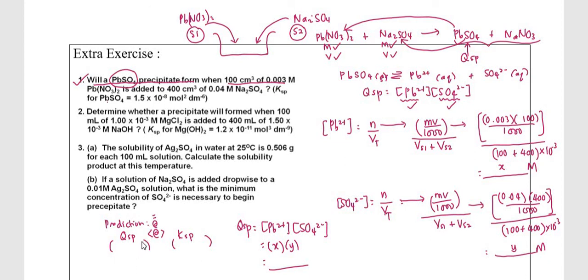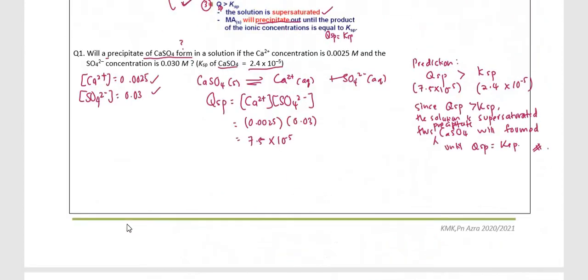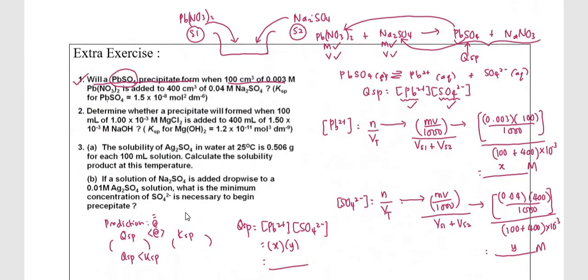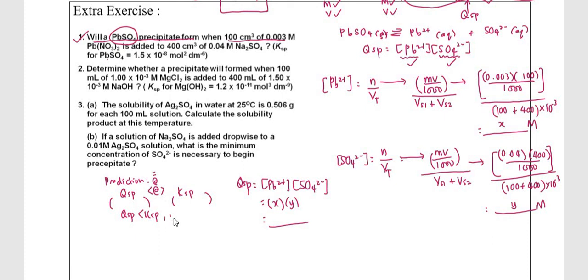So, look back. If QSP is smaller than KSP, what was the first prediction? No precipitation. Okay, so the system will shift, so precipitate does not form. But if you have QSP greater than KSP, then precipitate will form.